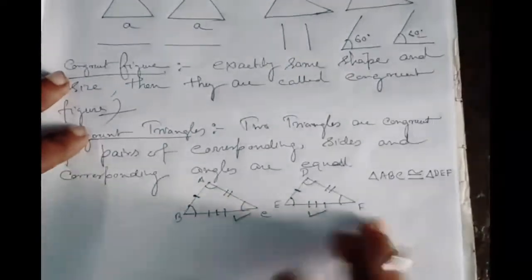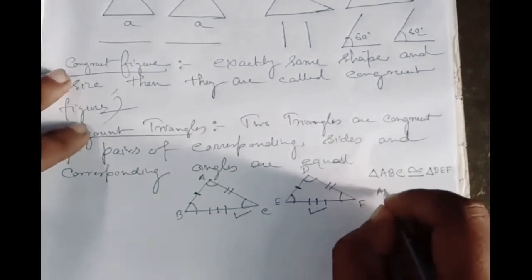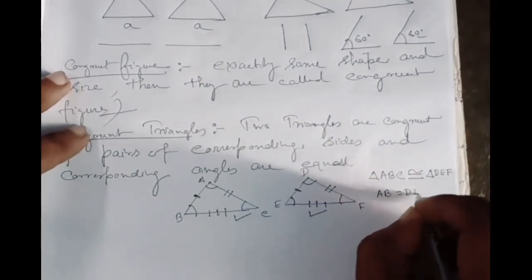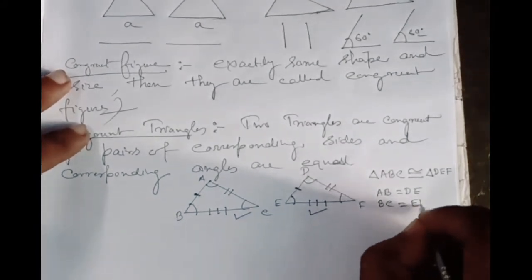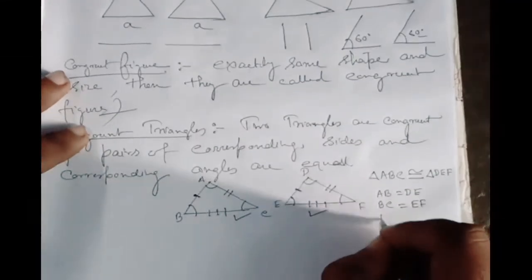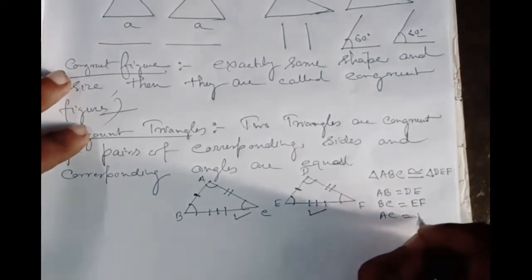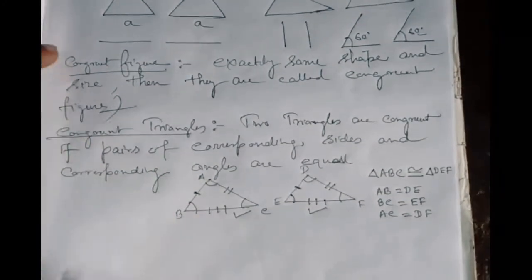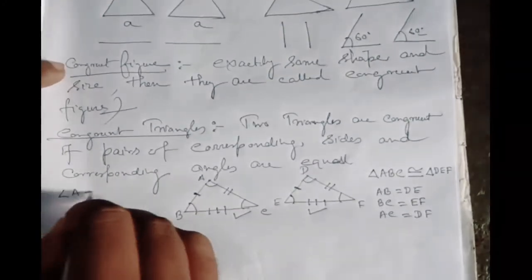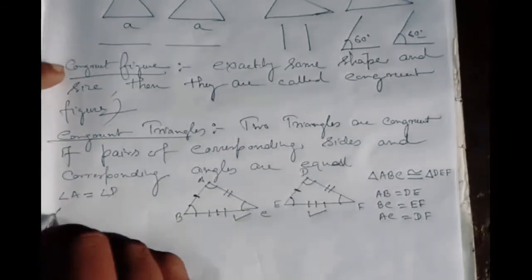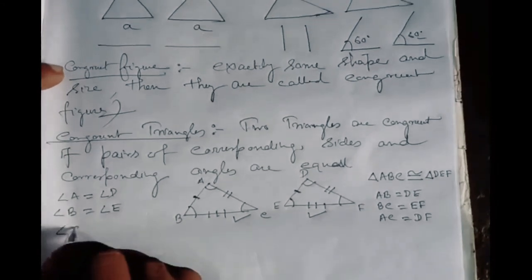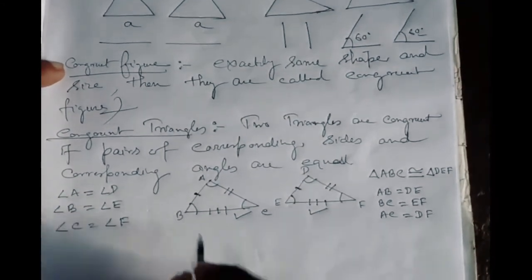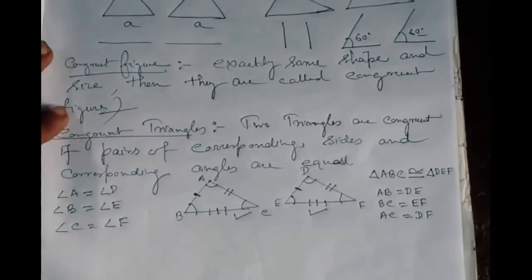Now here AB equal to DE, BC equal to EF, and AC equal to DF, and obviously angle A equal to angle D, angle B equal to angle E, angle C equal to angle F. Understood?